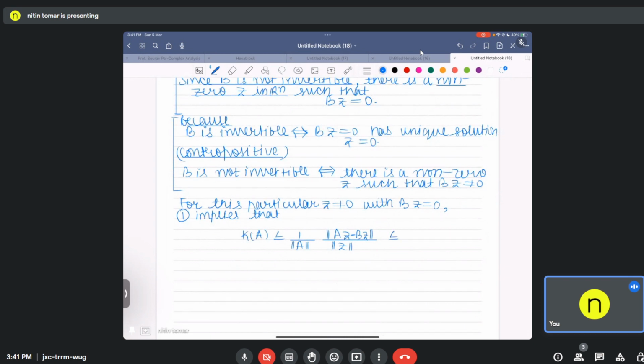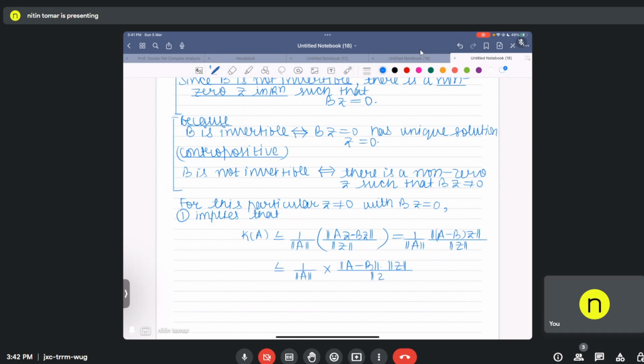Now see, you can use this inequality again. So 1 by norm A as it is, and you first write it as norm of A minus B times Z upon norm of Z. Now can I say that this will be less than or equal to 1 upon norm A times norm A minus B times norm Z? Can I say this? Yes, sir.